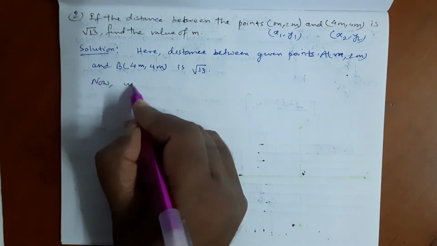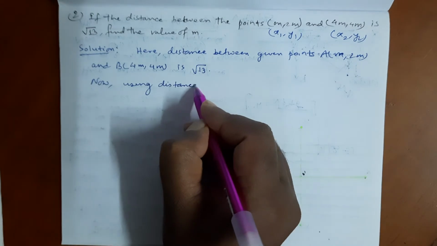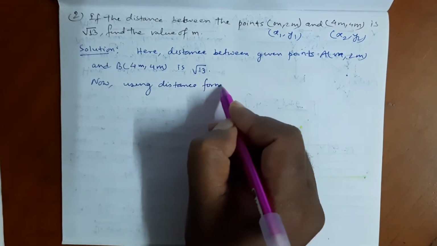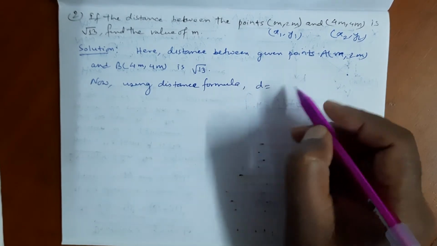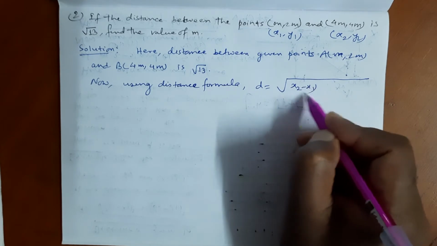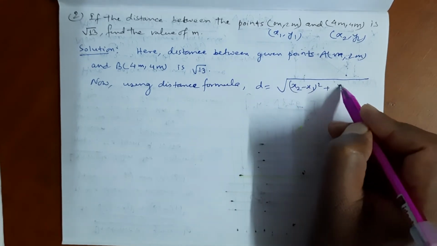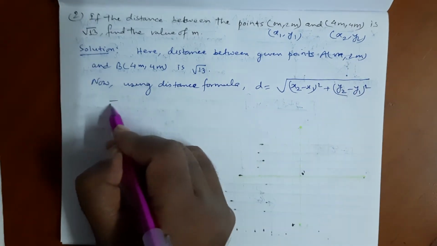Now using the distance formula, our distance formula is d equals root over (x2 minus x1) square plus (y2 minus y1) square. We can use this distance formula.